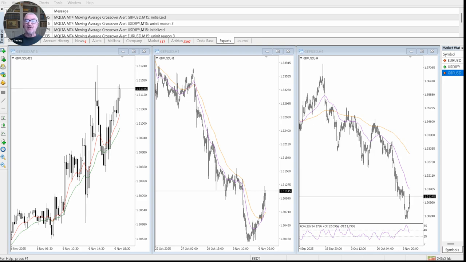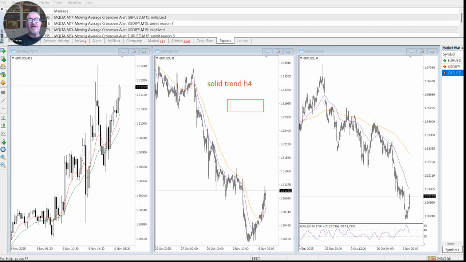The concept again of this trading routine is that we must have a solid trend, which is determined by the H4 chart. Let me write this down here for you. We must have a solid trend determined by the H4 chart.